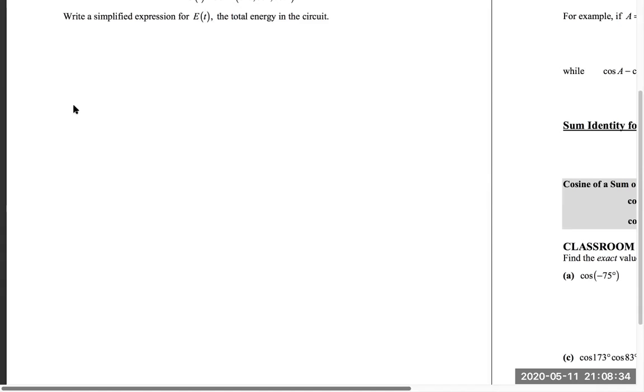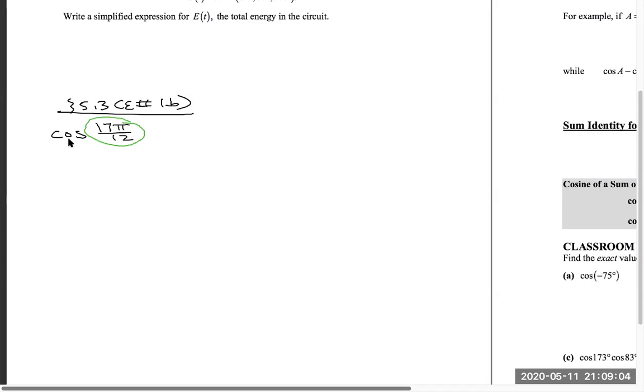Okay, so this is section 5.3, classroom example number 1B. You have cosine of 17 pi over 12 that you're trying to evaluate. So it's not obvious at this point probably, but what you need to do is split this guy up.